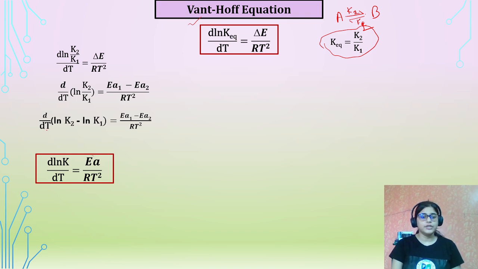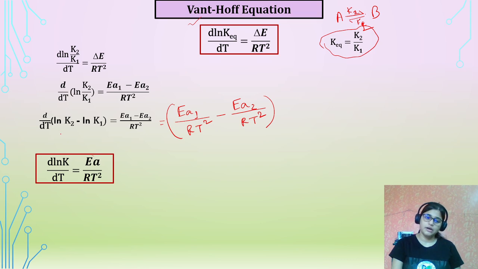So from this actually d ln k. If you compare, in this manner, if you write the equation after comparison, you can see that d ln k2 by dt will be equal to ea1 by rt square and d ln k1 by dt will be ea2 by rt square.